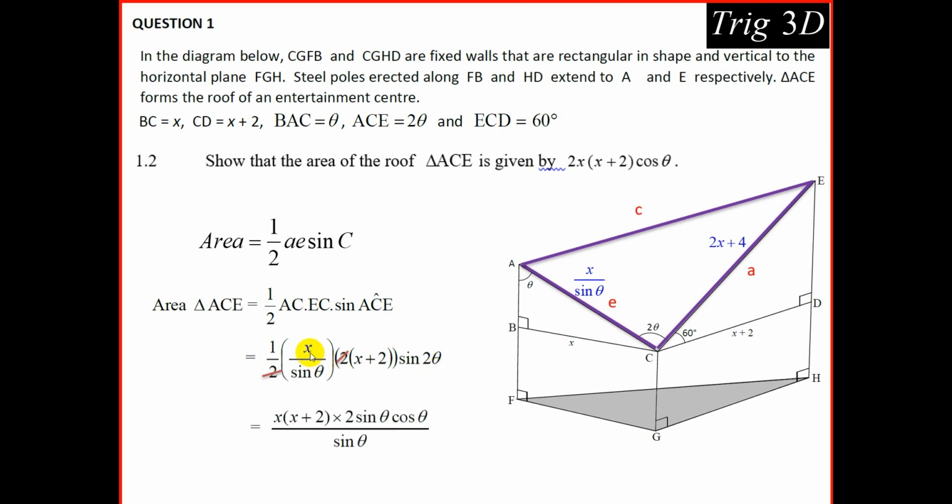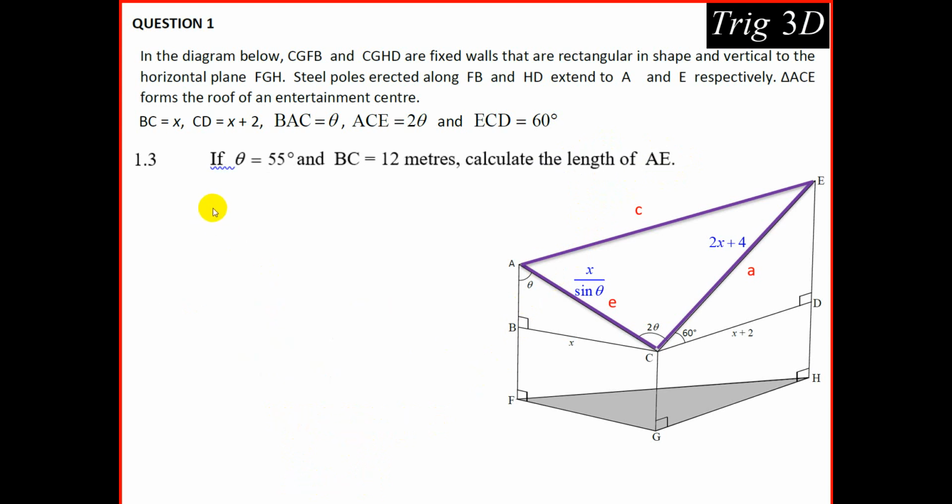So if we put this together, we have x into x plus 2, and sine 2 theta is 2 sine theta cos theta. In the denominator, we have sine theta, so we can cancel off the sine thetas. And remember this 2, bring it to the front, it will give us 2x. So we have 2x brackets x plus 2. The sines cancelled off, we're left with cos theta. And if you look at the top, that's what they want us to show.